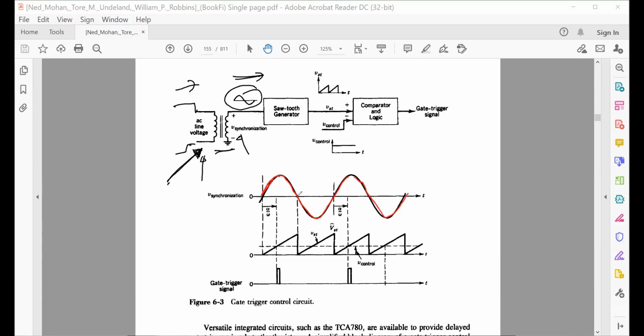Okay, so now what you will do, if you have this type of sinusoidal voltage, do you know how to generate the sawtooth wave with this sinusoidal? By using op-amp.